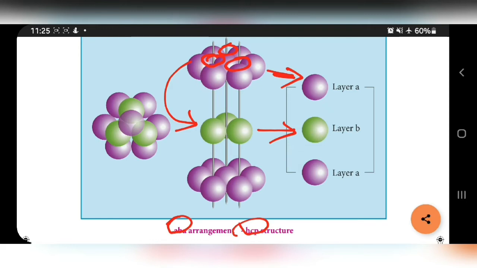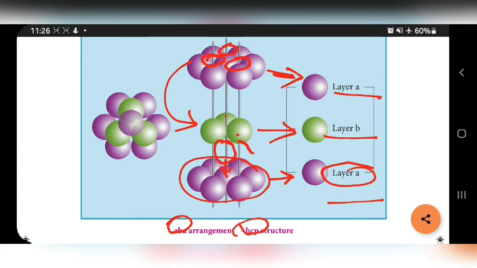Like that, if we place atoms in the depression of the second layer, between these 3 spheres one atom is present, similar to this atom. If you place surrounding atoms, you will get the third layer, which is similar to the A layer. So this is also termed as A. So this is called ABA arrangement and this is called HCP structure.